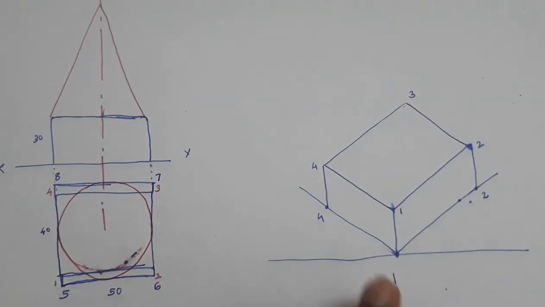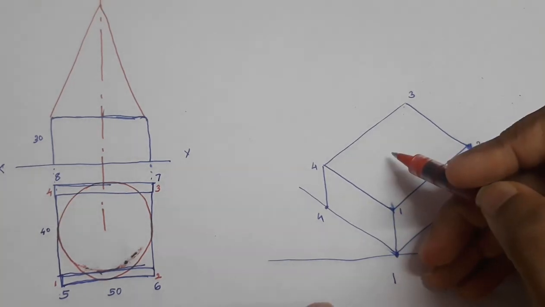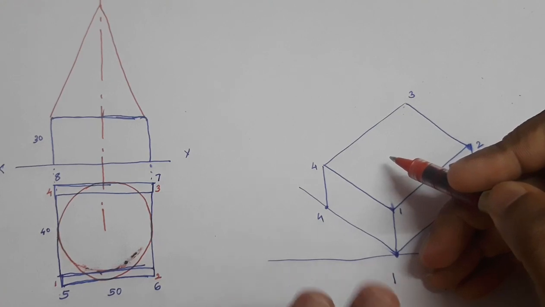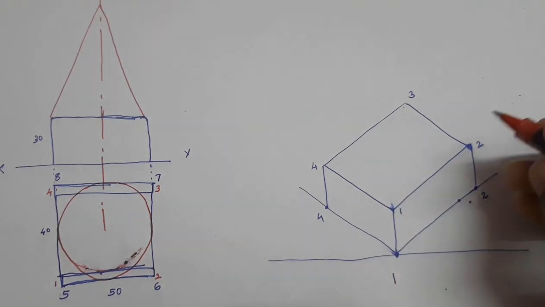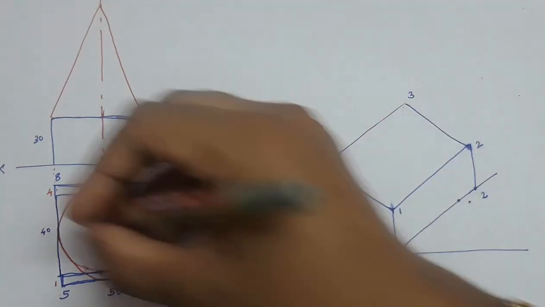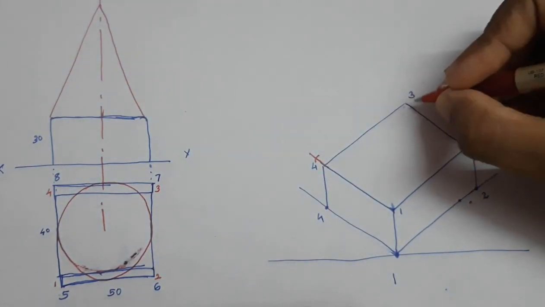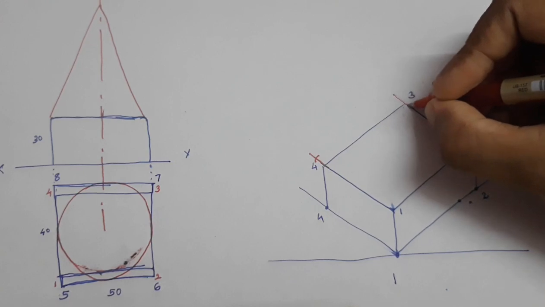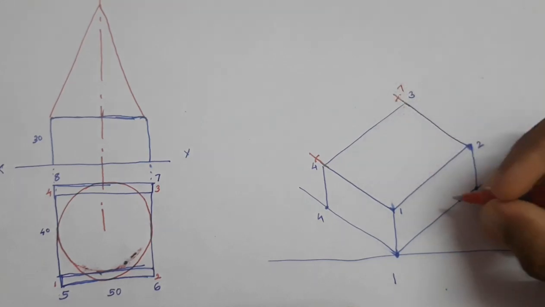So we already have 1, 2, 3, 4. With the measurements that you have in drawing 1, 2, 3, 4, you have to draw the 5, 6, 7, 8 over here. Point 8 is nearer to this point. You can take this measurement for 8 and draw an arc. 2, 3, you know 2, 3. You can take an arc and there you will be getting the point 7.